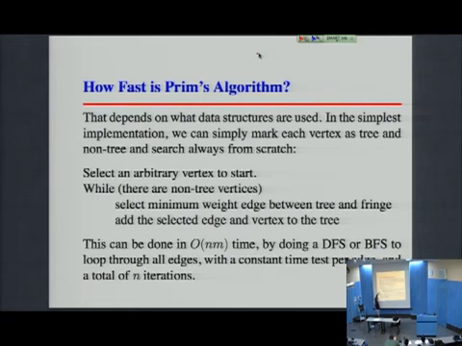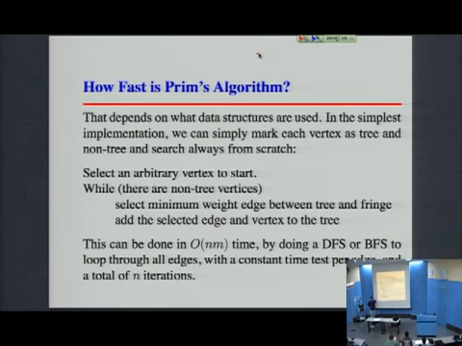N times we're going to go around and pick the smallest weight edge between the tree and the non-tree parts. My claim is it should be obvious we can find the smallest weight edge between the tree and the non-tree vertices if we keep a Boolean vector that tells you, for every vertex, whether it is in the tree or not.